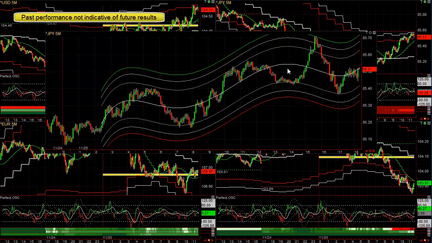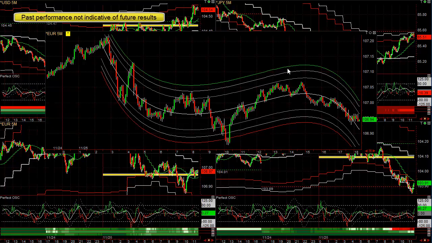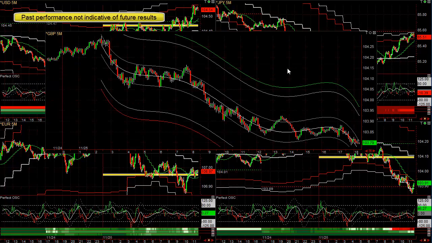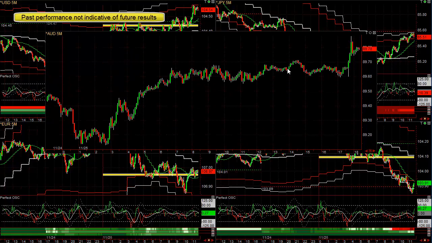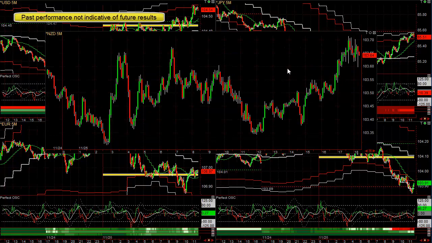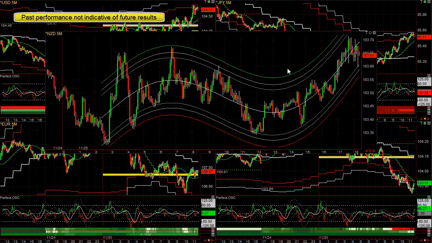Let's find a currency that at that time is likely to bounce. Most of the currencies have already started to go up, but most of the yen pairs are going to be going up. Euro yen at 1600.